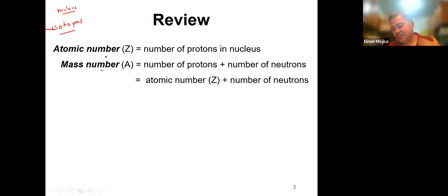Atomic number is the number of protons in the nucleus. Mass number is the number of protons plus the neutrons, which also equals the atomic number plus the number of neutrons. And whenever you describe this, what we call the nuclide, you put it like this.